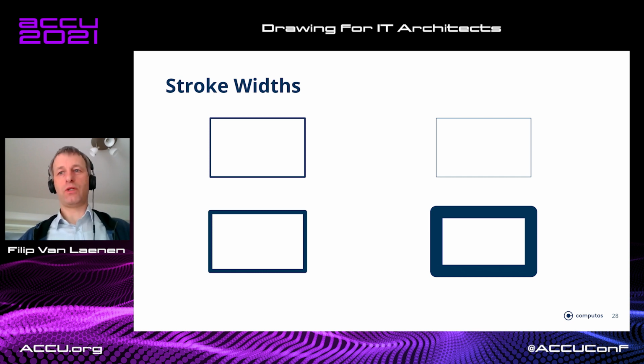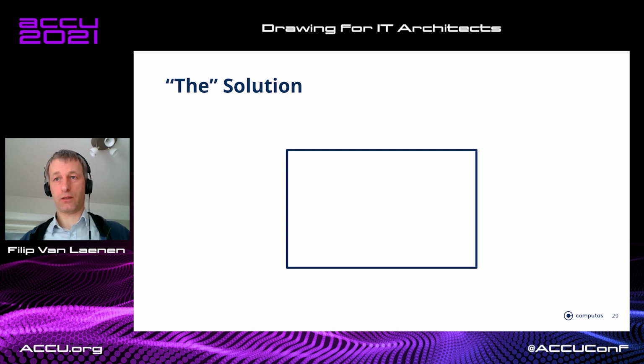And what most people would consider the normal size of a rectangle compared to the width of the stroke are the 2 rectangles on the left, whereas the 2 on the right are either with a thin border or a very thick border. So again, when you draw rectangles on a drawing, on an architecture drawing or something like that, remember to also look at, for example, the width of the stroke so that the rectangle looks balanced or neutral and does not disturb the viewer with a different stroke.